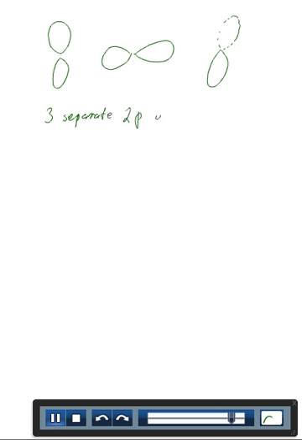One can exist along the z-axis, one along the x-axis, and the other along the y-axis. I've drawn this dotted showing the lobe goes back away from us. So these are the three different 2p orbitals, because there are three separate m sub l values.